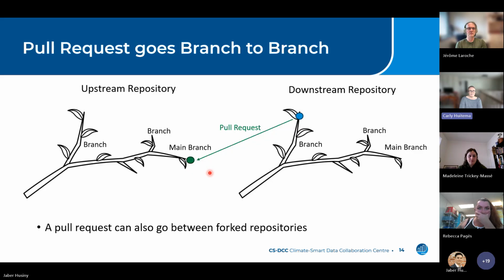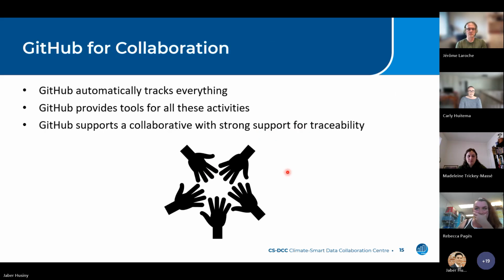Next slide. So like I said, for collaboration especially, GitHub is very useful. You're going to be tracking everything. Every commit that you make shows all the changes. It has a nice little difference engine that highlights in different colors exactly what was changed compared to the last version.